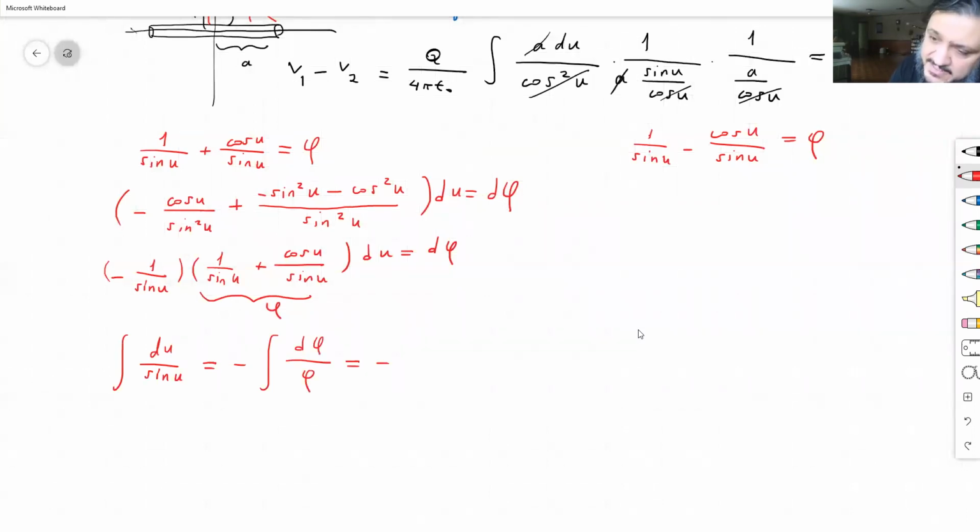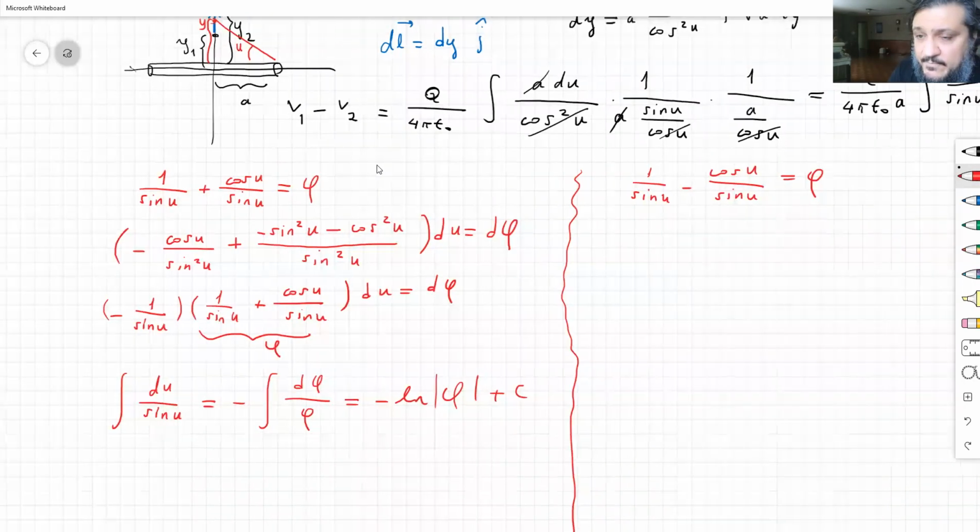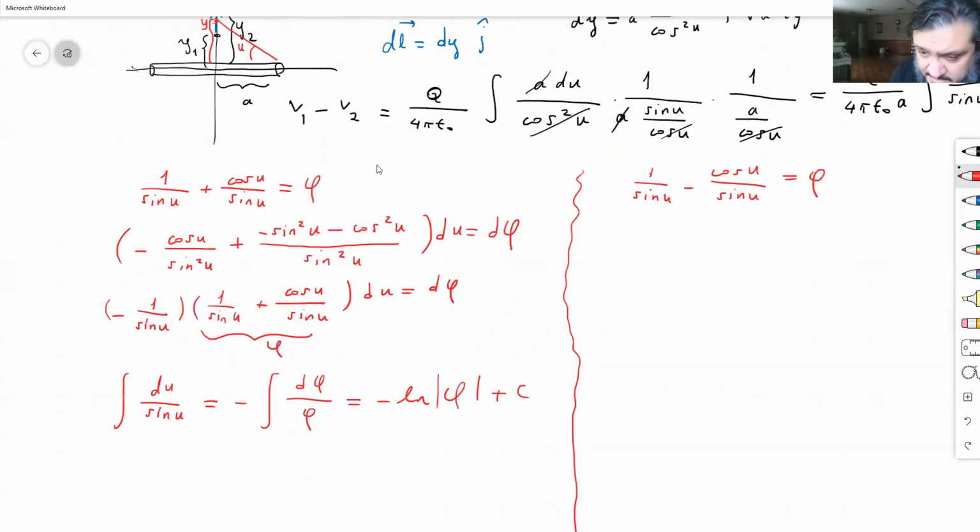In other words, negative ln phi plus a constant, but we don't worry about the constant because we're going to plug in phi. Okay, so phi is right there. So the integral is negative ln of 1 over sine u plus cosine u over sine u. This is the integral.